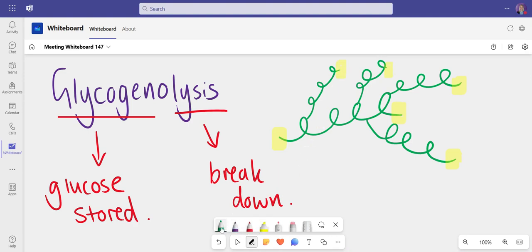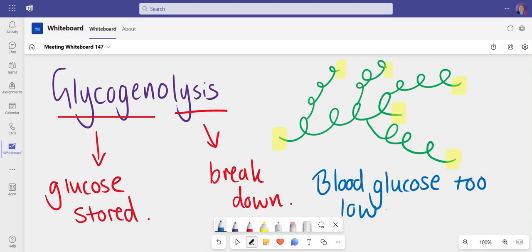Now, the next thing is, when would your body need to do this process? Your body is always monitoring the glucose levels in your blood. And when your blood glucose level goes too low, we need to get more glucose. So this stored glucose in these glycogen molecules needs to be released.